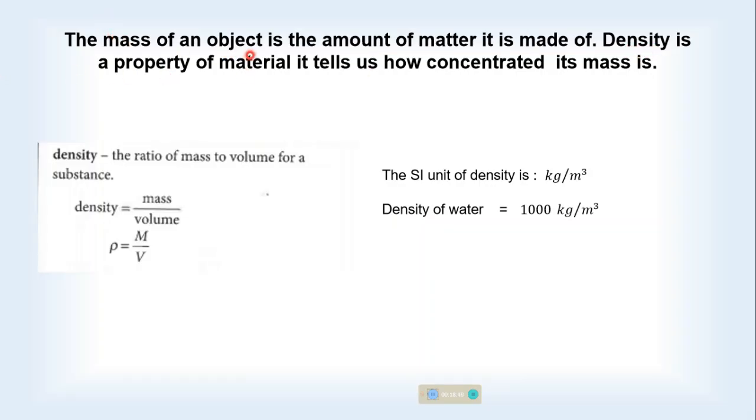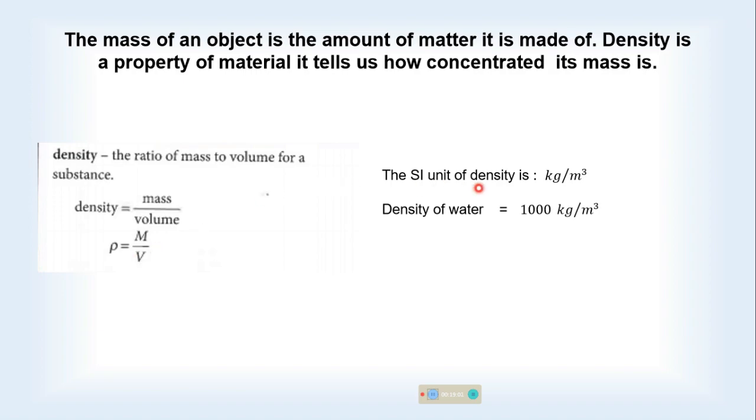Now the mass of an object is the amount of matter it is made of, and density is a property of material. It tells us how concentrated its mass is. So the density of any substance is defined as the ratio of mass to volume. Density is equal to mass divided by volume. The symbol of density is rho, equal to m for mass and v for volume.